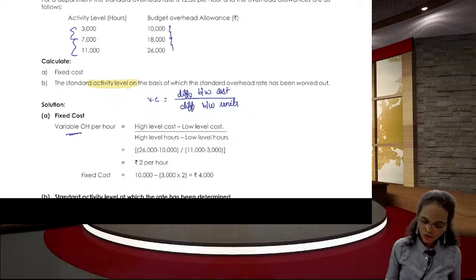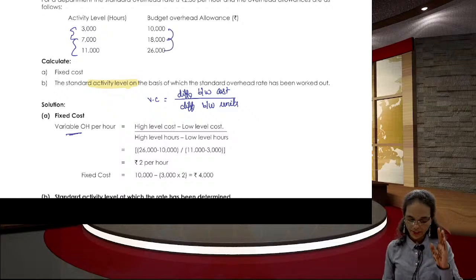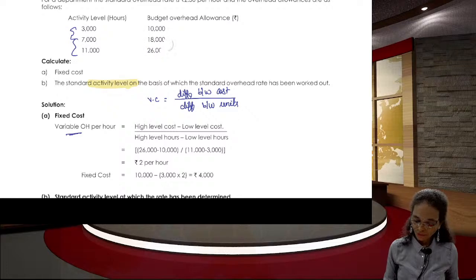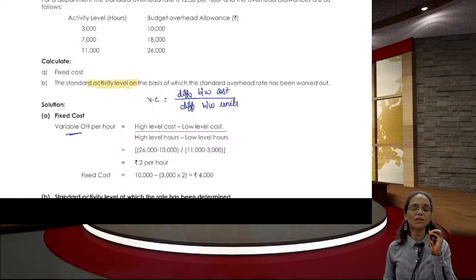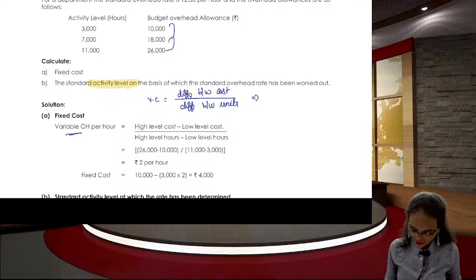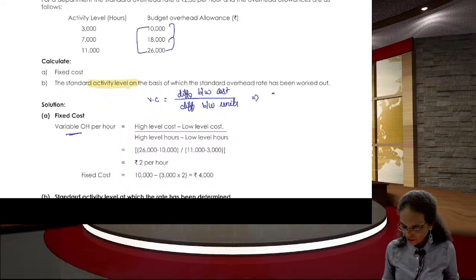Not necessarily should you go for these two; you can use any two levels. There is no blind rule that you should do it a particular way. For your convenience, I'll use this one.